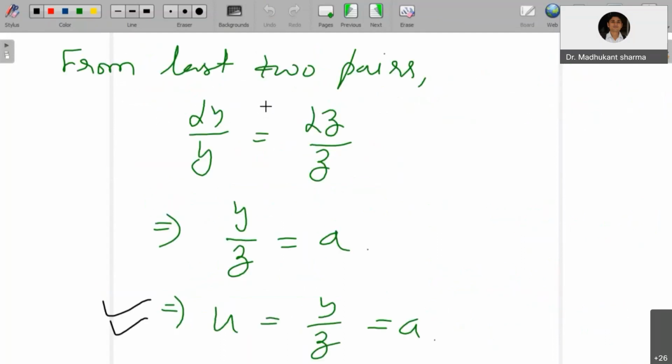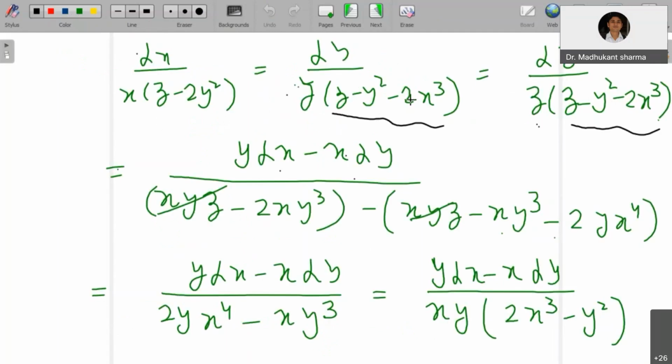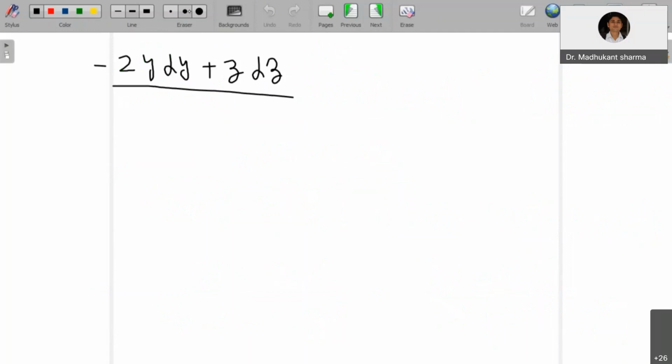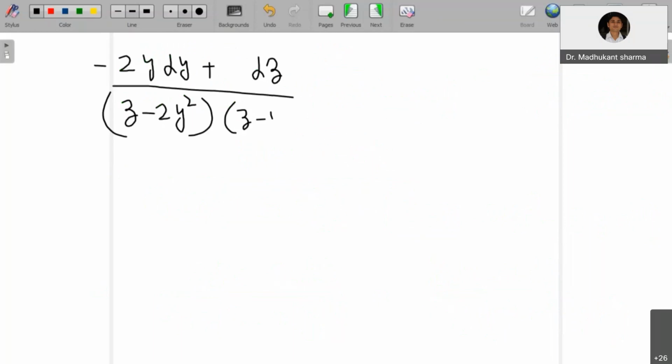We require z minus 2y square, right? So it's not needed here. What you observe is this is divided by z minus 2y square, you have z minus y square minus 2y minus 2x cube.